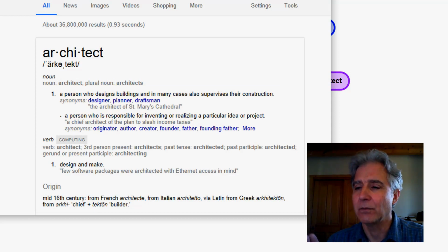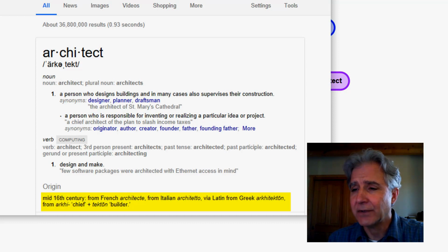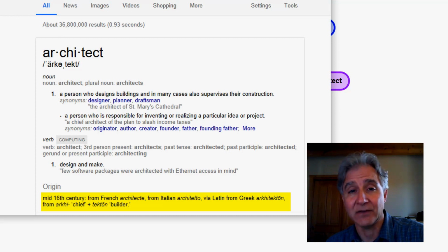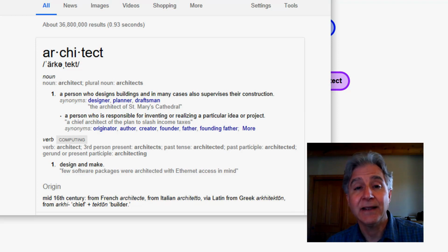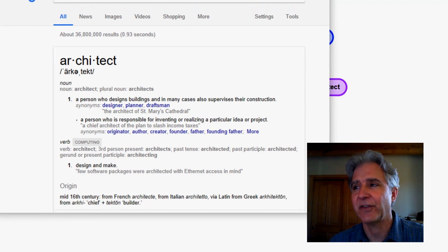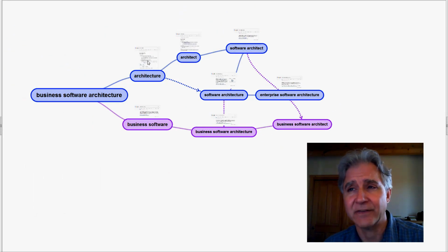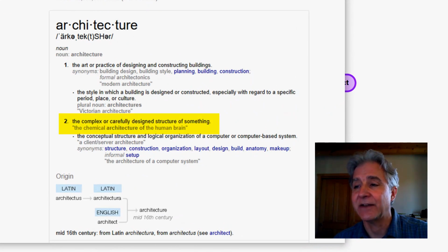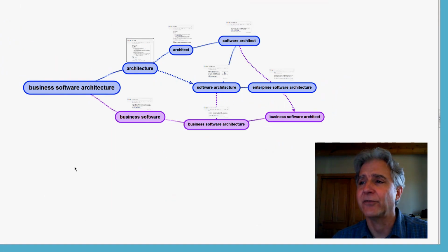But if you go back and look at the origin down there, it comes from the French, which comes from the Greek, which basically means the chief builder. So an architect is the chief builder of something, and architecture itself is the complex or carefully designed structure of something. Okay, I think this is quite useful.